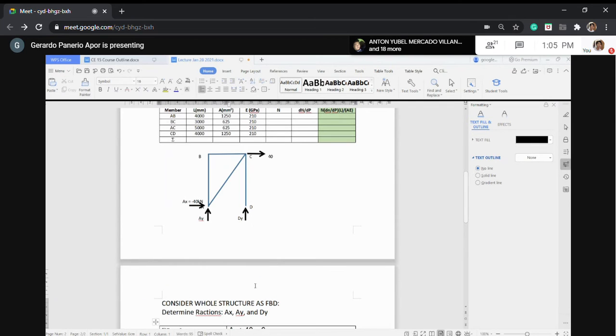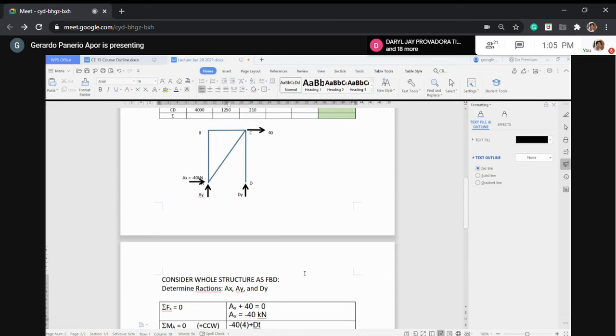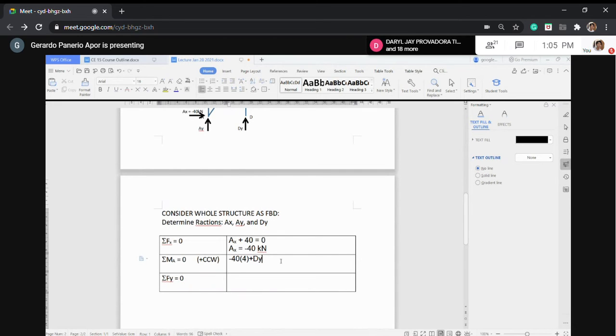The 40 rotates in a clockwise manner, so it's negative, multiplied by 4. Then DY is rotating in a counterclockwise manner with a moment arm of 3 meters. And since there's none, it is equal to 0. We put y as a subscript.